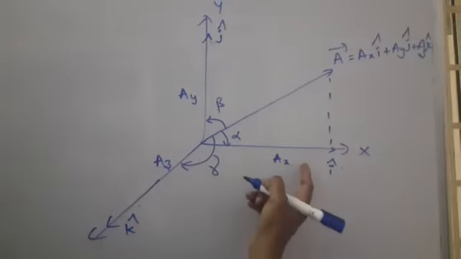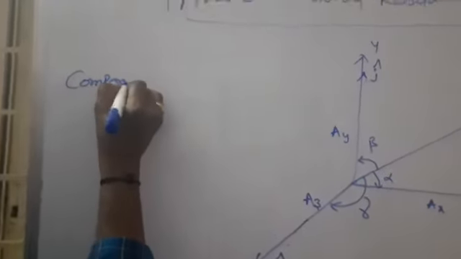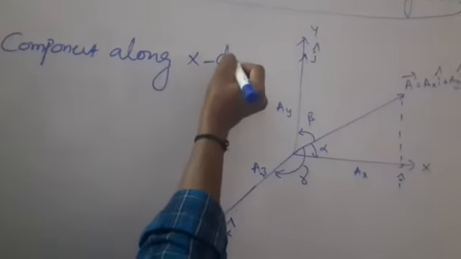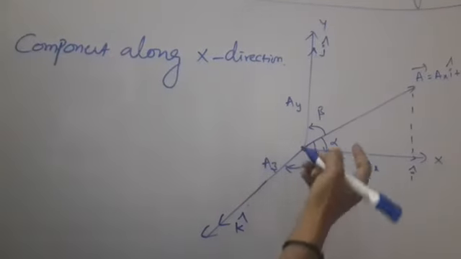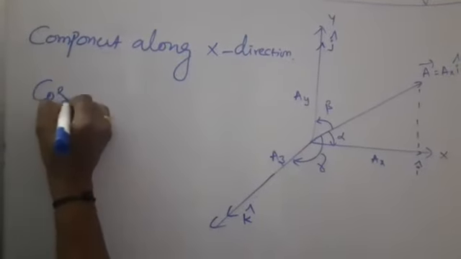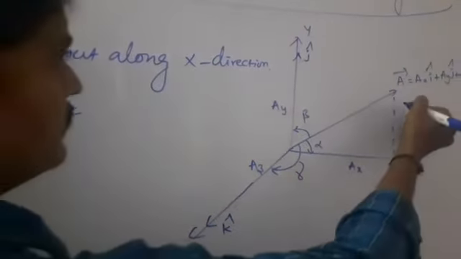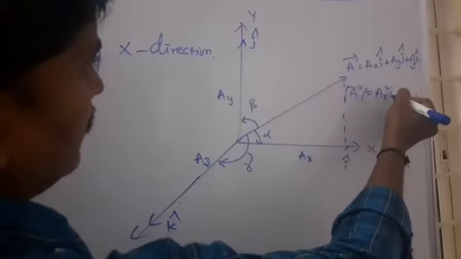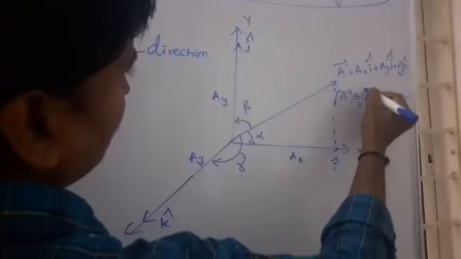So the component along the x direction: cos of alpha is equal to adjacent side by hypotenuse. Modulus of A bar is equal to the square root of ax square plus ay square plus az square.